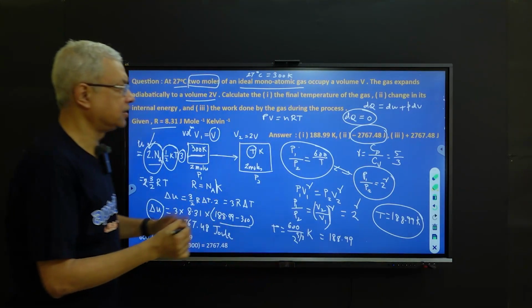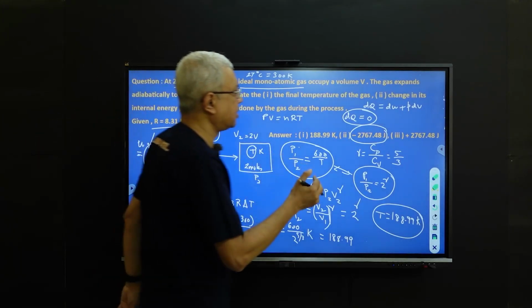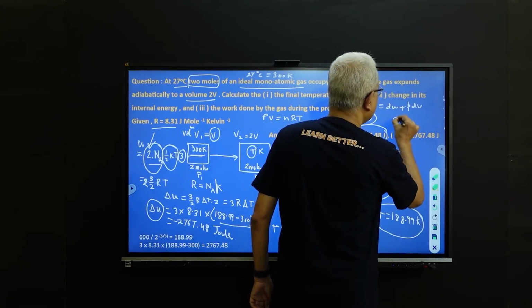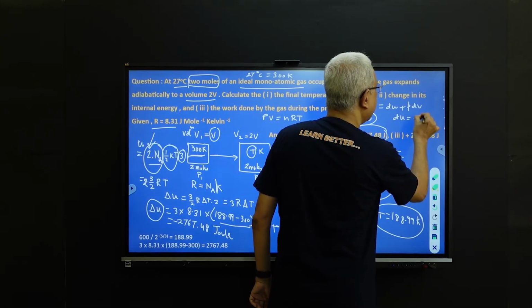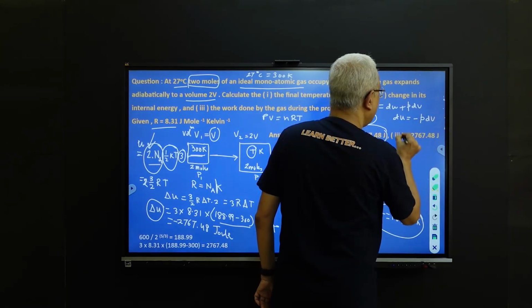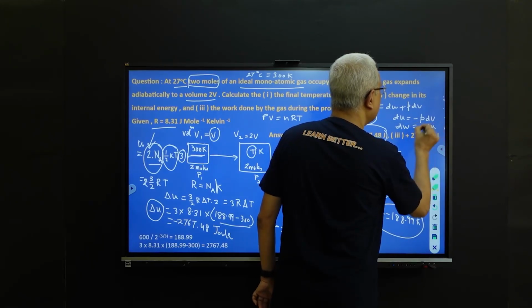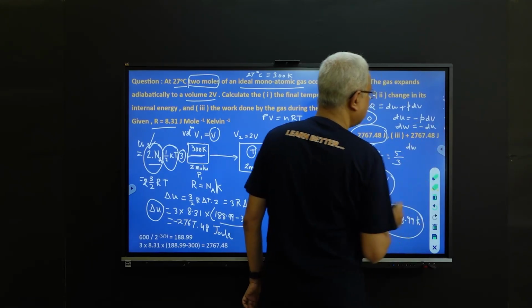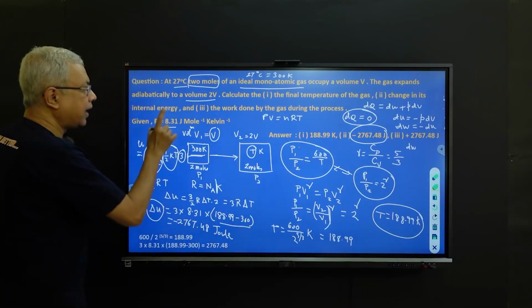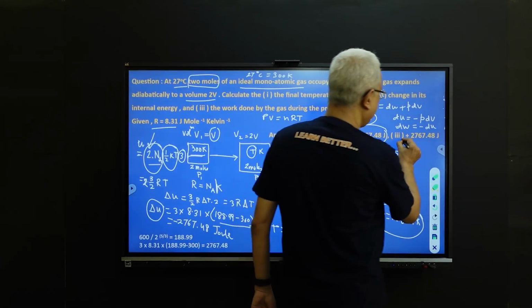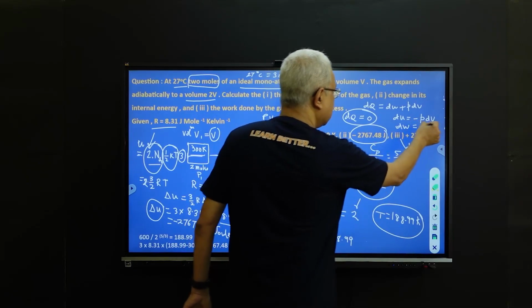There is no heat exchange between the gas and the surrounding, and therefore dU is equal to negative PdV, or I can write work done is actually negative of dU. So dW, the work done by the gas, is equal to negative of this dU.